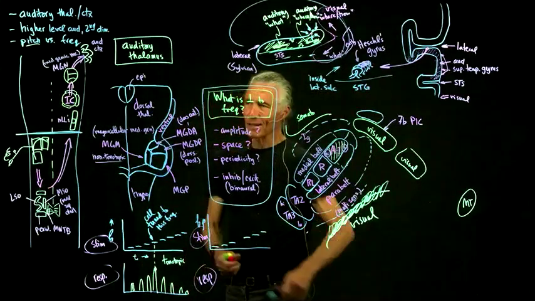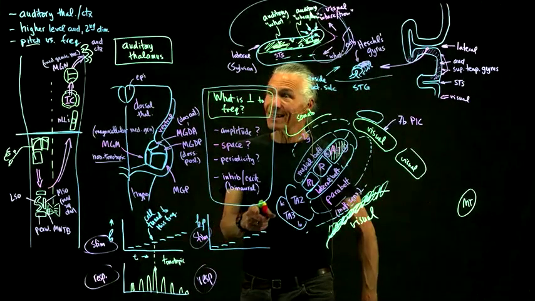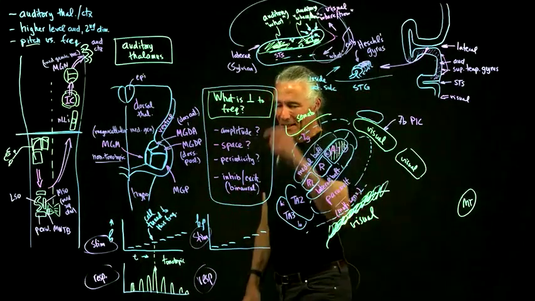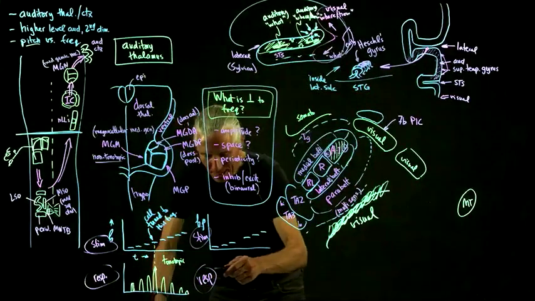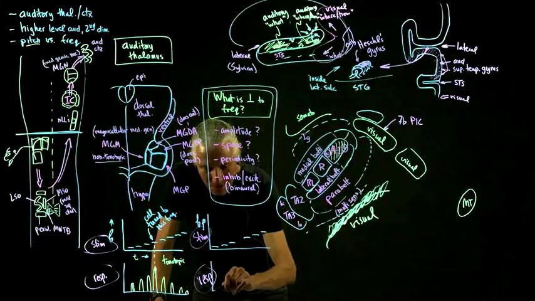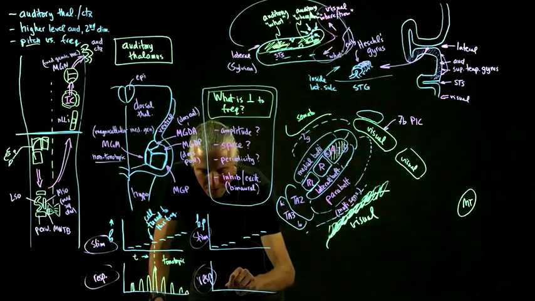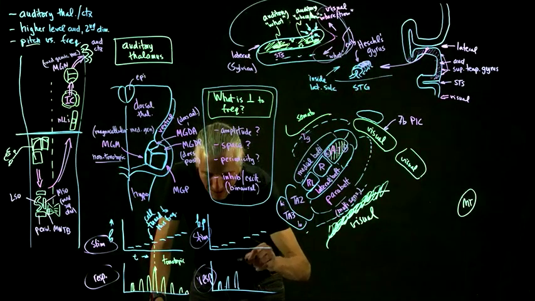And so what does that sound like? That just sounds like, Now this is primary auditory cortex, and what you see in the response is it just responds to that missing tone. So it goes, and then there's a missing tone.